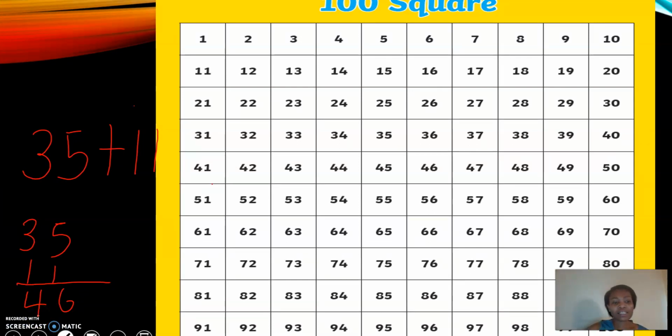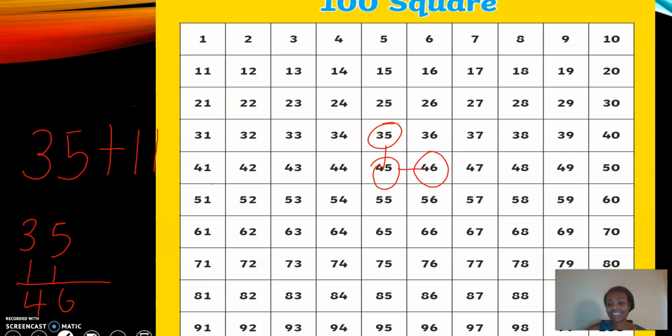So let's see if we can find another way to get the same answer. So 35 is here. I add 11. So 11 is one group of 10 and 1 one. So first I jump down for my tens, which is 45, and then I add my ones in the column, 46.